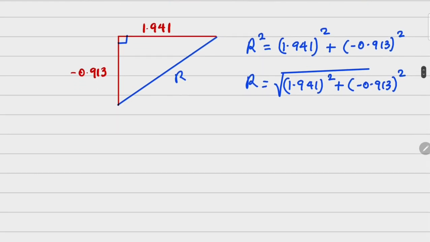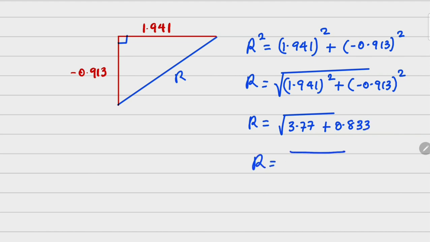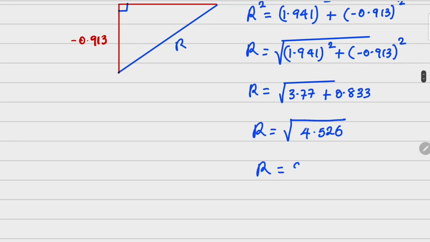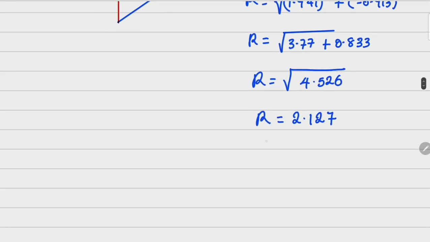Doing this, R will be the square root of 3.77 plus 0.833. So R will be the square root of 4.526, which is 2.127. To three significant figures, R will now be 2.13 Newton.